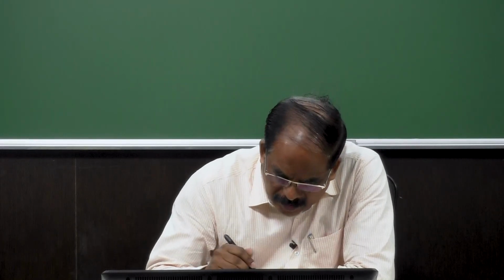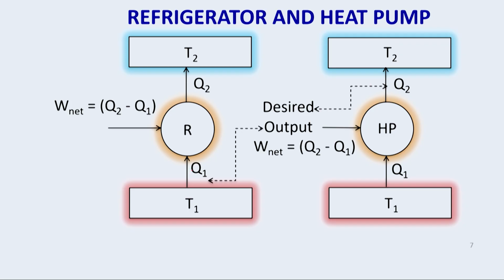In a refrigerator, my focus is how much heat is removed from the low temperature region. In a heat pump, I am not bothered about the amount of heat removed from the low temperature region. Rather, my focus is how much heat is rejected.